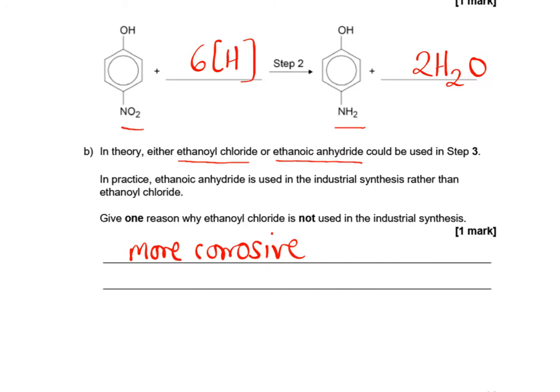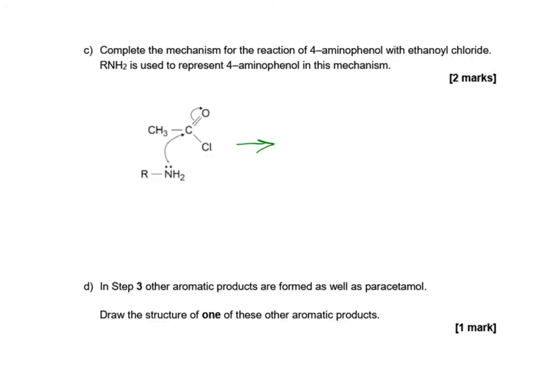So the final mechanism is the nucleophilic addition elimination, and we've been asked to complete the mechanism. So I'm just going to focus on the carbon that's being attacked. So I'm going to start off with that. We can see that the carbon-oxygen double bond has broken to make a single bond.